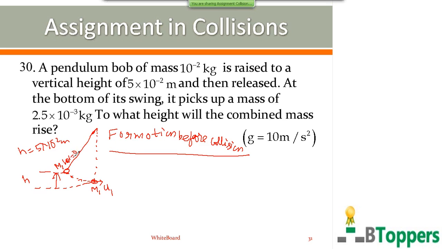At the highest position, the velocity of the bob is 0. So the total mechanical energy at the lowest position is the kinetic energy, half m1 u1 square, plus the gravitational potential energy, which can be taken as 0. The total mechanical energy at the highest position is the kinetic energy, which is 0, plus the gravitational potential energy, m1 gh. So u1 equals root of 2gh.